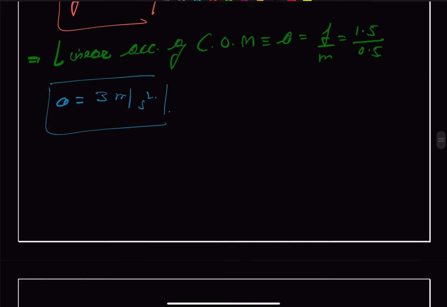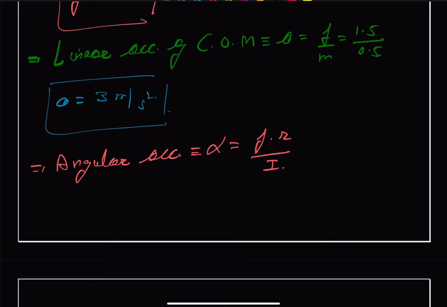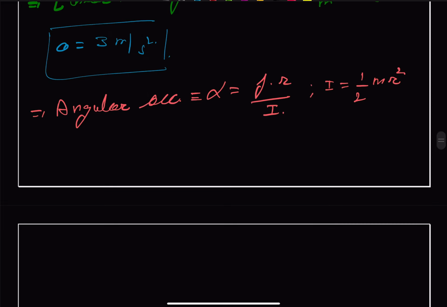So you can say angular acceleration, that is our alpha, will be equal to our F multiplied by radius divided by moment of inertia. And the standard formula for moment of inertia is half m r square. So we get that alpha will be equal to F times r divided by half m r square.